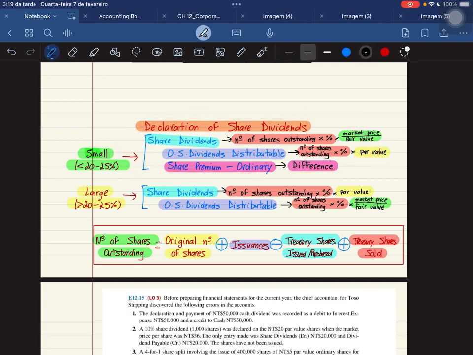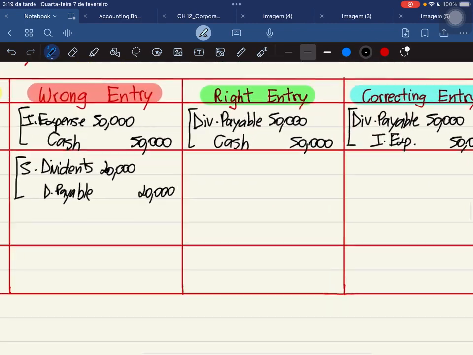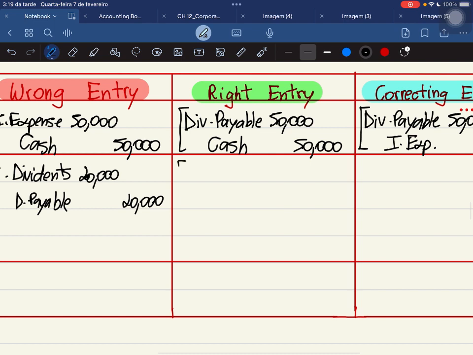So we know for a fact that this is the entry that we have to make. So over here, let's just write all of that information first. On the debit side, we would have share dividends, right? Share dividends on the top. And on the bottom, on the credit side, we would have ordinary share dividends distributable.